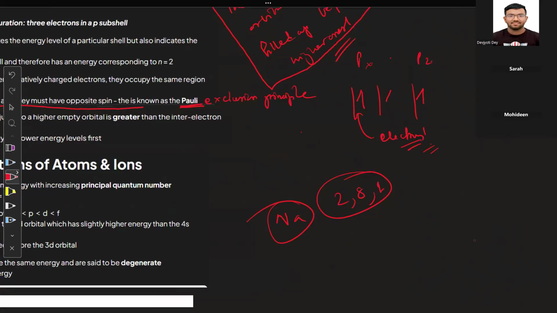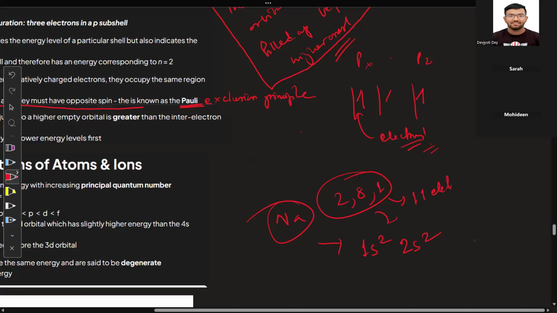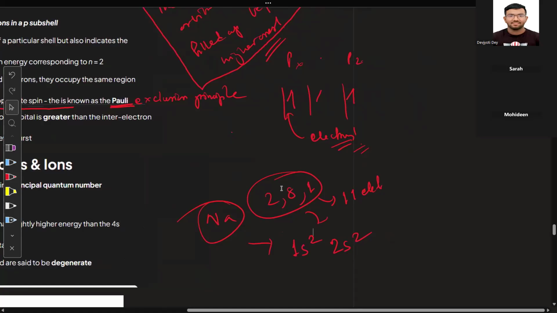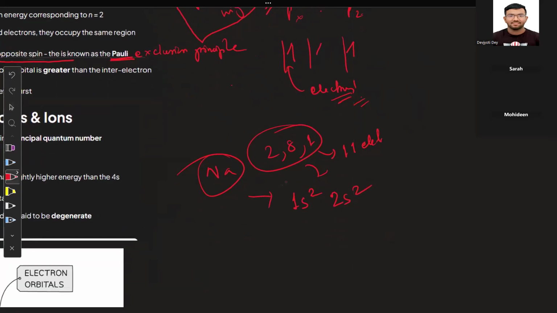Yeah. Look, Sarah, 1s2, 2s2. How many electrons are there? 11 electrons, right? So we now need to write it in the quantum energy shell format. We will not write it in the IGCC format. Look at this. 1s2, 2s2. 4 electrons gone.